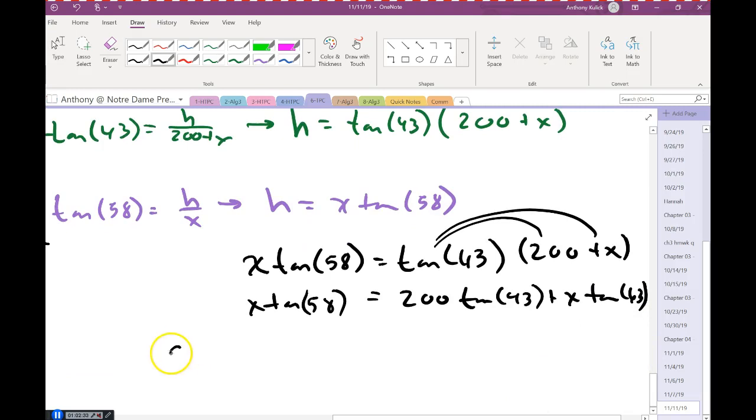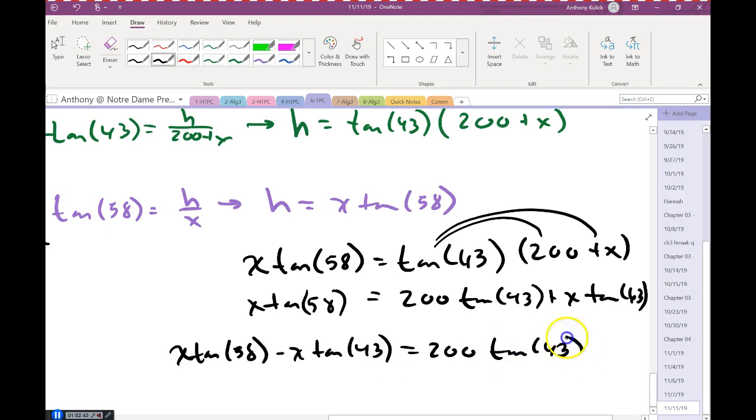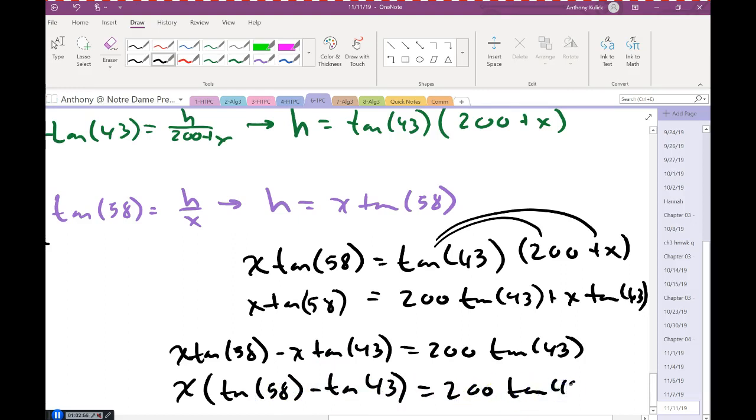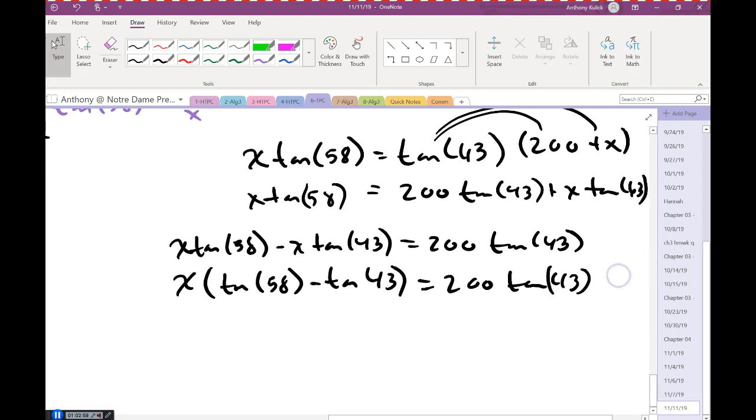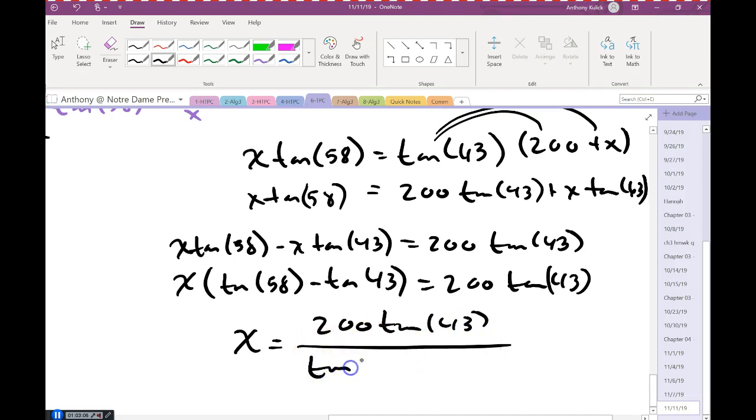And then I'm going to subtract that x tan 43 to the other side. I can factor an x off. And then I can divide both sides by tan 58 minus tan 43.